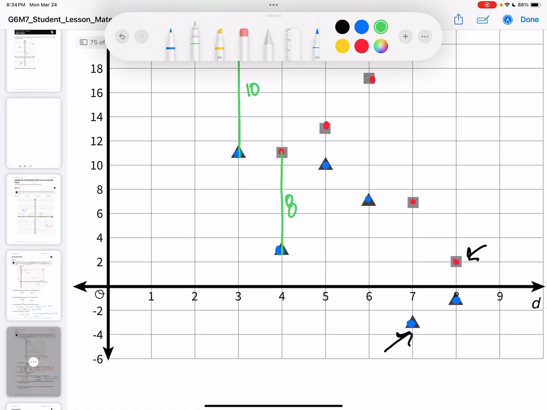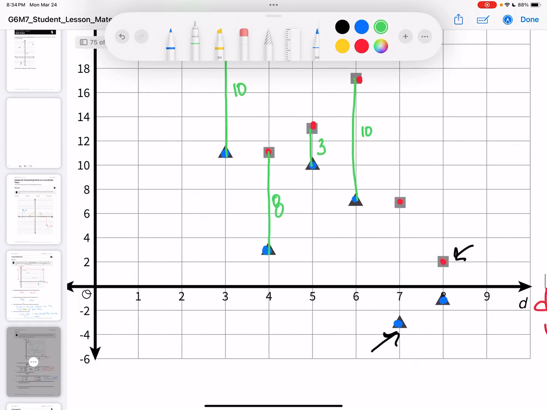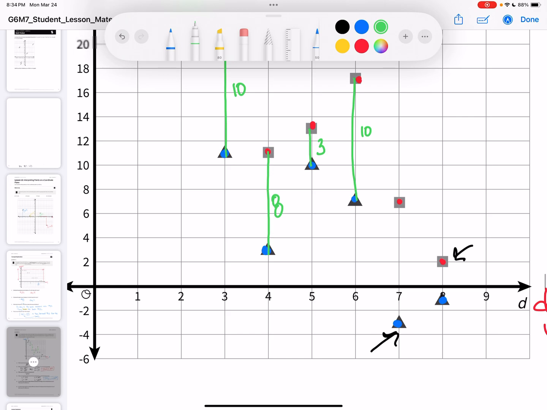Then we go from 13 down to 10, so that's 3. Then we go from here, 17 down to 7. 17 minus 7 is 10. Here we go from 7 down to -3.